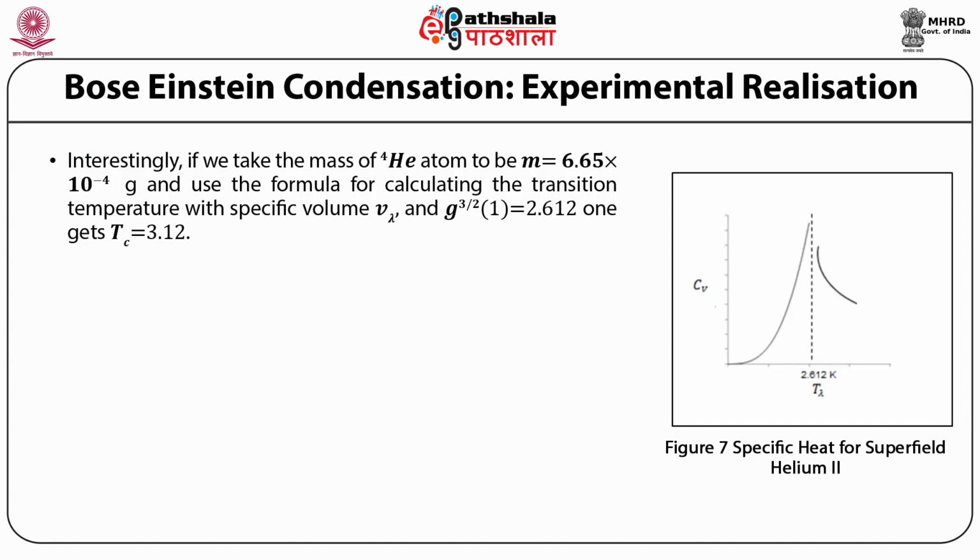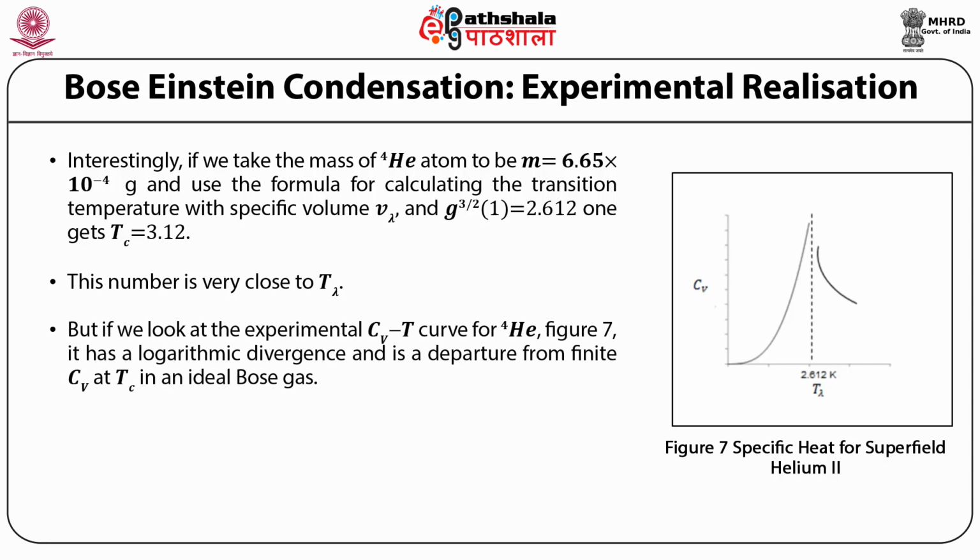Interestingly, if we take the mass of helium-4 atom to be m equal to 6.65 into 10 to the power minus 24 gram and use the formula for calculating the transition temperature with specific volume V lambda, and Bose integral of the order of 3 by 2 evaluated at 1 equal to 2.612, one gets Tc equal to 3.12 K. This number is very close to T lambda, but if we look at the experimental CVT curve for helium-4 as shown in figure 7, it has a logarithmic divergence and is a departure from finite specific heat at constant volume at Tc in an ideal Bose gas, which we discussed earlier.